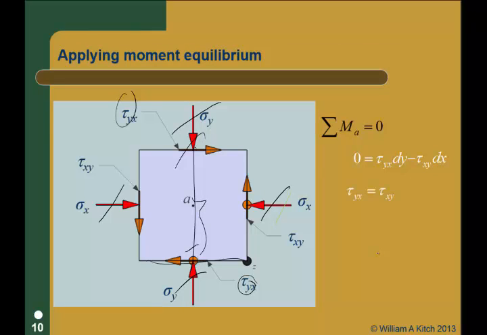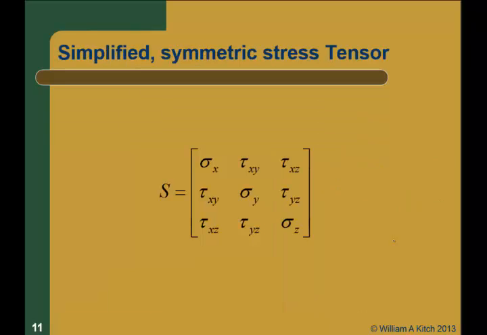So the other component is going to be tau xy times dx, and that tells me that tau yx has got to be equal to tau xy. When I look at the stress tensor, if you reflected this across the axis, the shear stresses on the opposite side have to be equal in order for moment equilibrium, right?